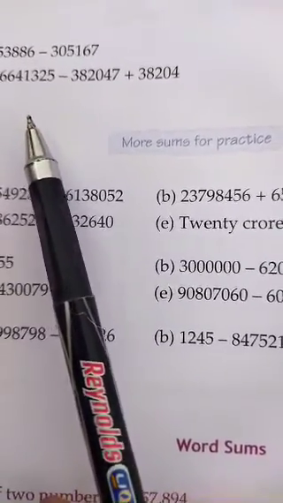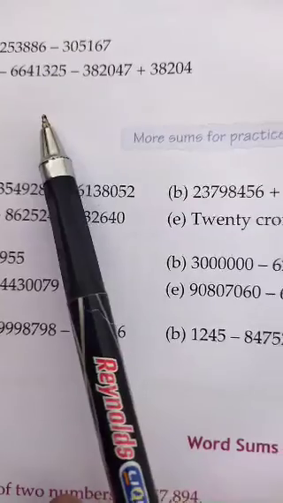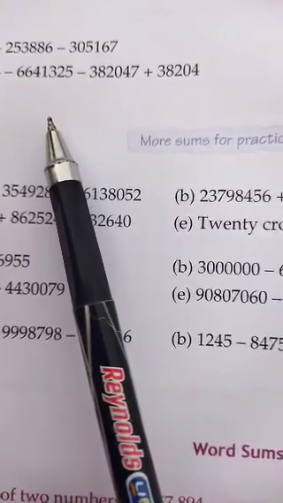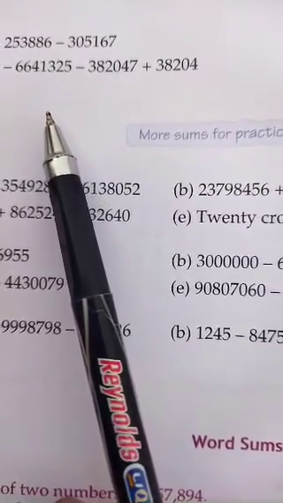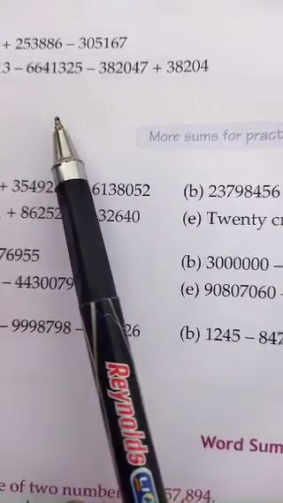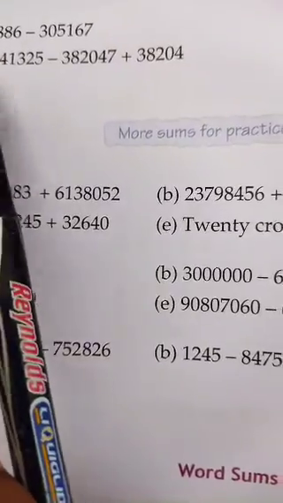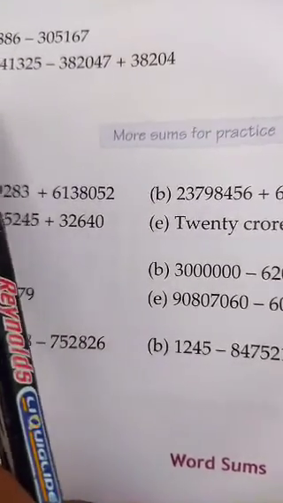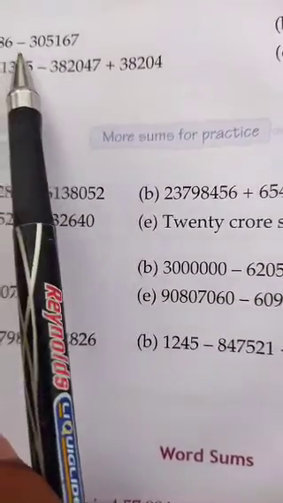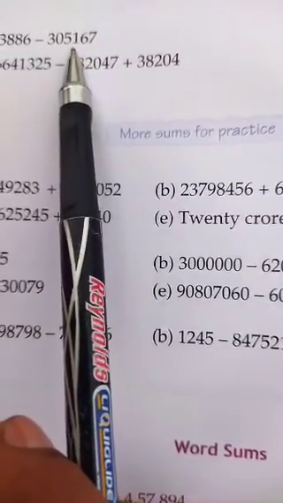The numbers carrying the same sign will be added together, and after that the sums will be subtracted from each other. See, in the first part, these two numbers are of plus, so these two you will add together, then the answer will come, that will be subtracted from this number.